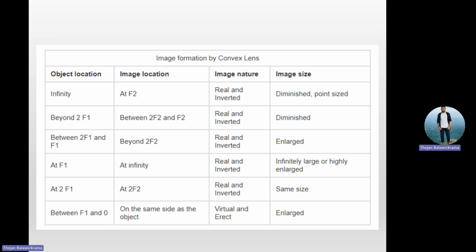I can give fill in the blanks. I can give infinity, and ask where the image is formed. F2 means second focal point. Between 2F2 and F2 means between C and F2. I can give a big question like this, so that is why I asked you to make some thought.